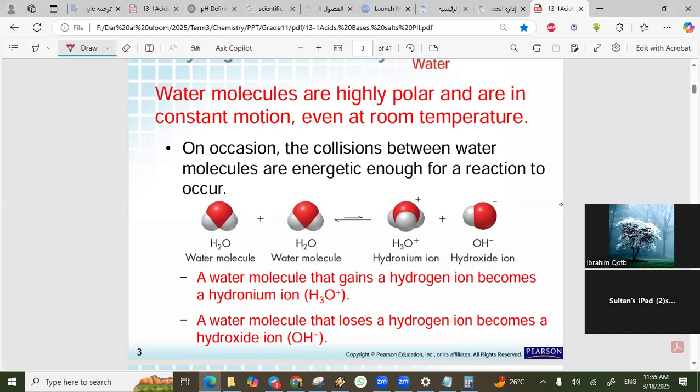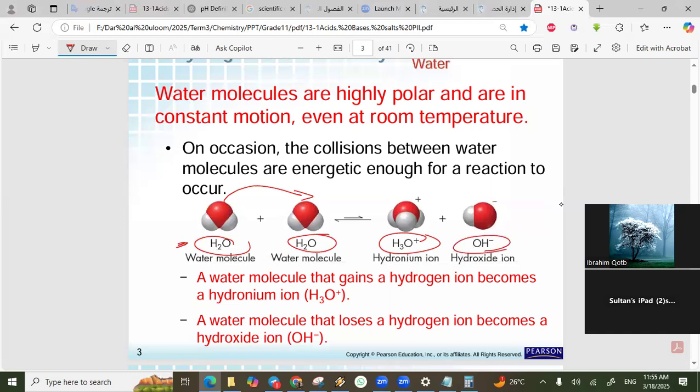If I have two water molecules like this, H2O and H2O, one of them can donate the other one hydrogen ion. So this one becomes hydronium ion, H3O plus. The other one that lost hydrogen, I mean this one on the left, will change into hydroxide ion.